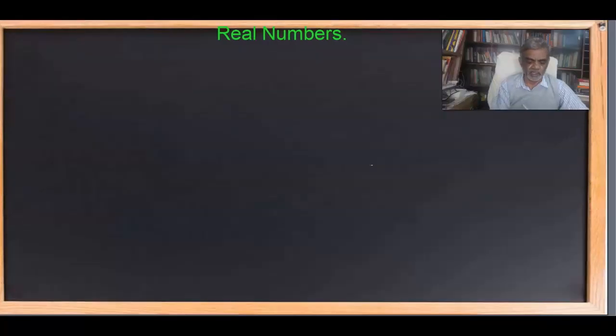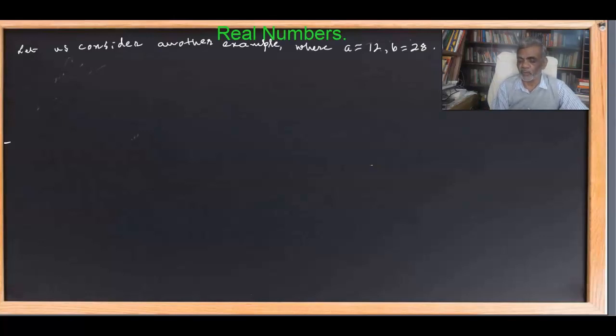Let us consider another example here, that is A equal to 12 and B is equal to 28. Now here A equal to 12 can be written as 2 raised to 2 into 3, that is 4 into 3, 12. And B is equal to 2 raised to 2 into 7, 4 into 7, 28.